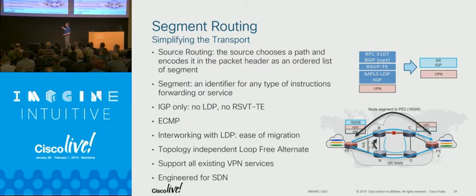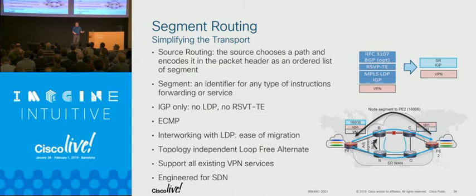So that you can remove the control plane protocols like LDP, the label distribution protocol. You don't need LDP to distribute your labels. And you don't need RSVP-TE to signal the labels for your traffic engineering.